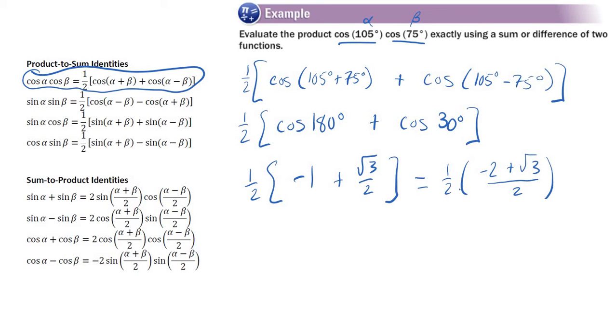And so now you could distribute, I guess, or even just leave it like this probably. It kind of depends on how they're going to show their answer. In fact, I'll just leave it like this. That's probably fine. The only difference, you put it over 4, right? So there we go.